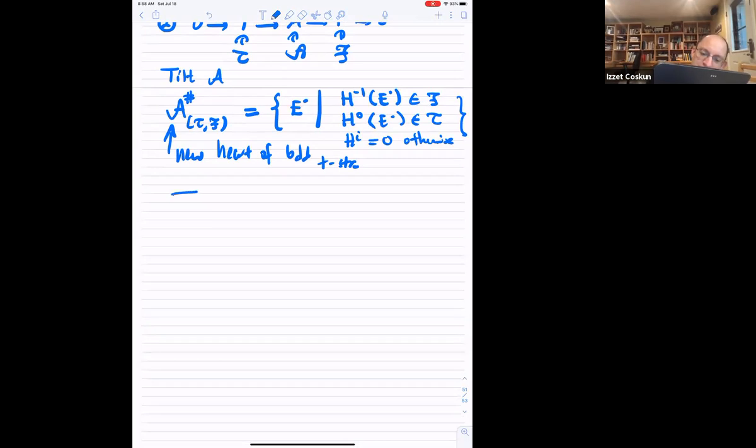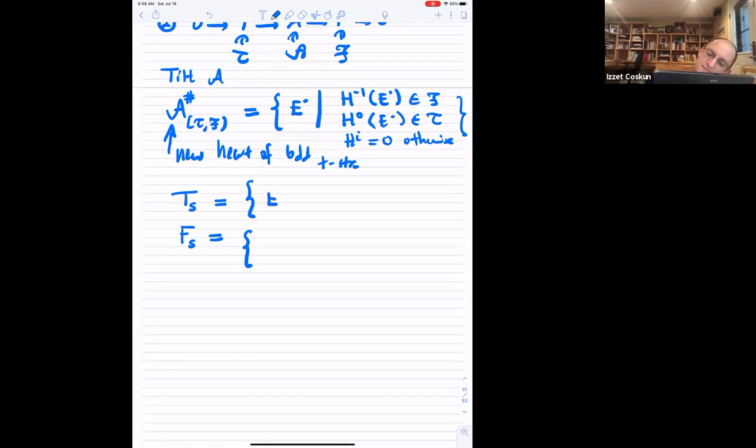So I'll have T_S and F_S. So let's see whether I can do this. So this is going to be all sheaves such that the slope of, so I'll fix an ample. So remember, I have my surface X, H is some ample, right?